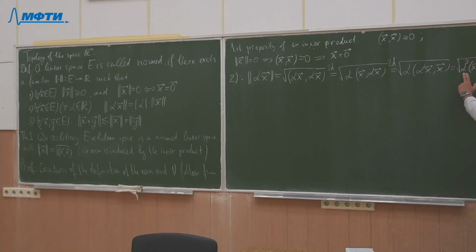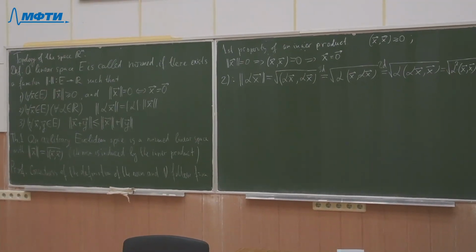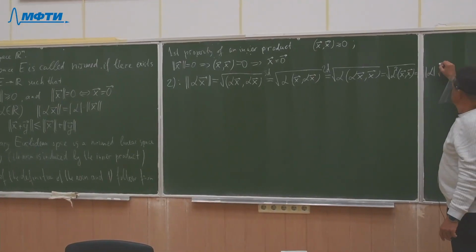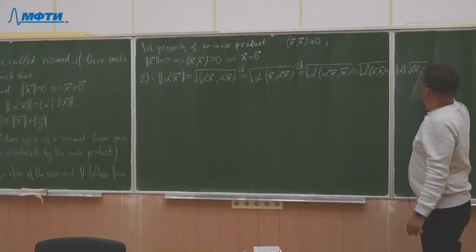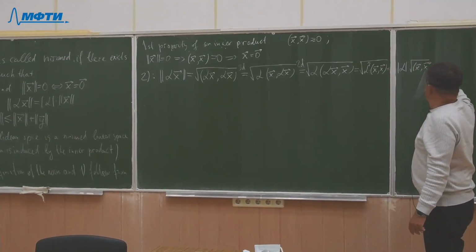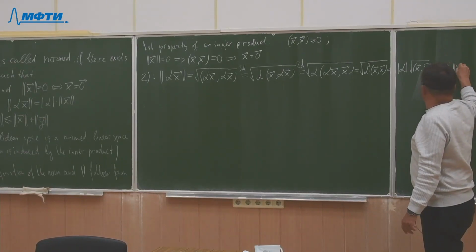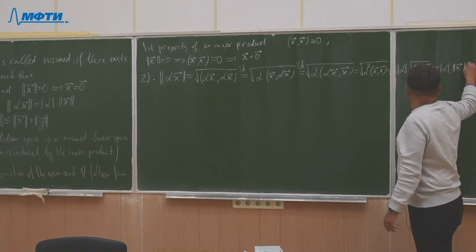And after that, remember, for arbitrary real alpha, the square root of alpha squared equals modulo alpha. So we obtain modulo alpha times the square root of x x, and that is precisely modulo alpha times the norm of x. So what we wanted.